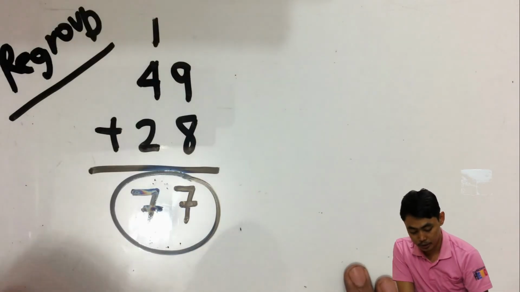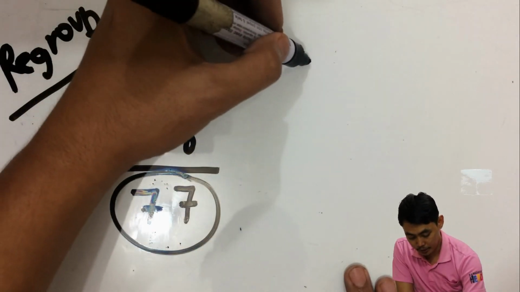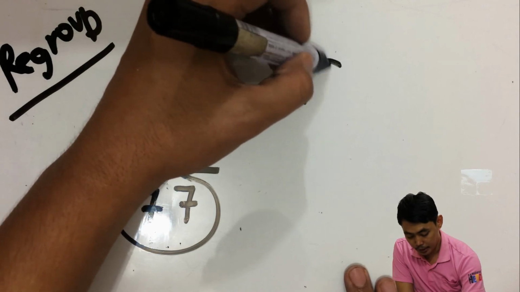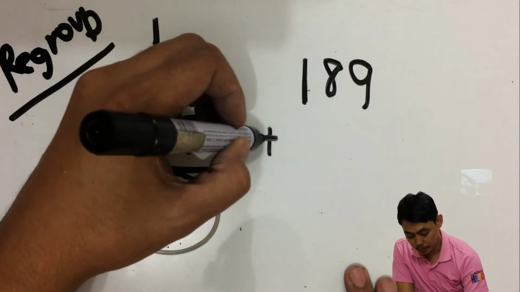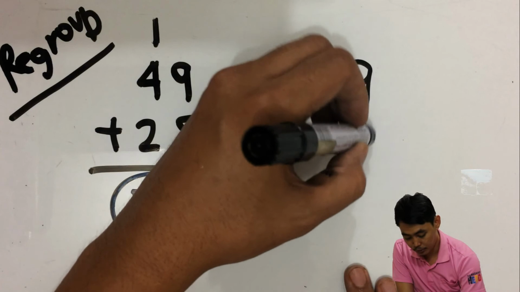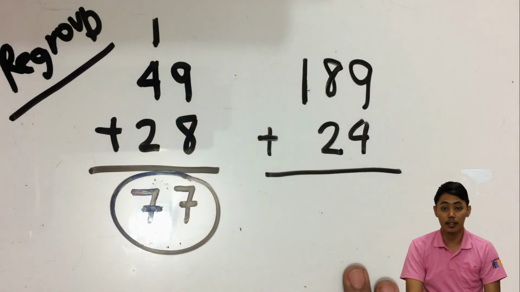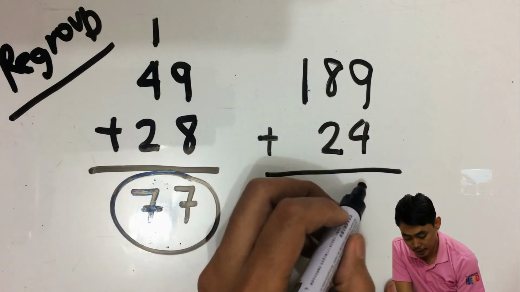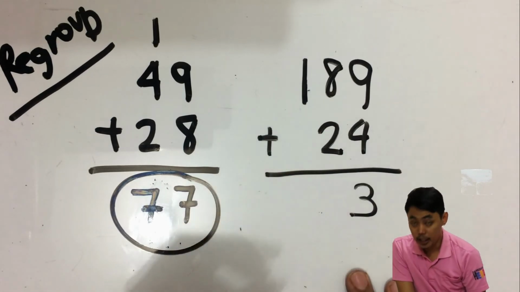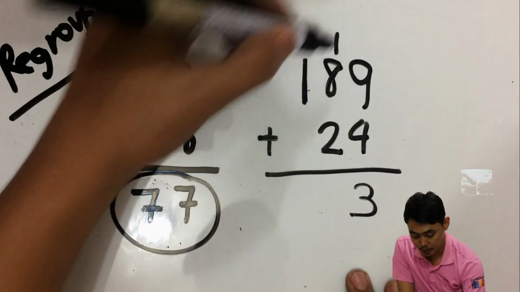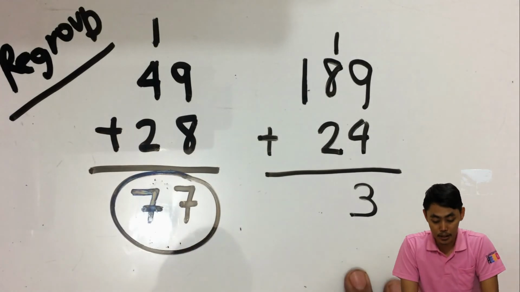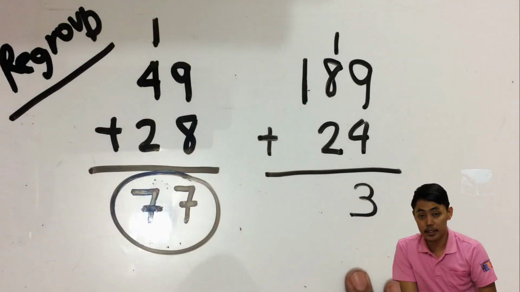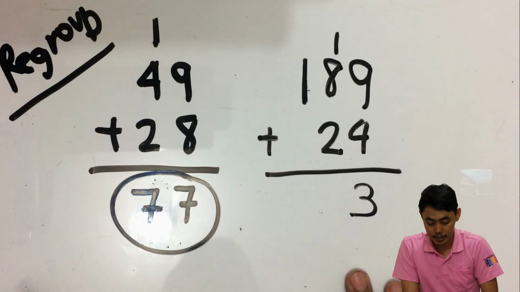Alright, so let's proceed with another example here. 189 plus 24. Let's have that. So first, 9 plus 4, that is 13. So 3, and then assign the 1 to the next place value. 1 plus 8, that is 9.